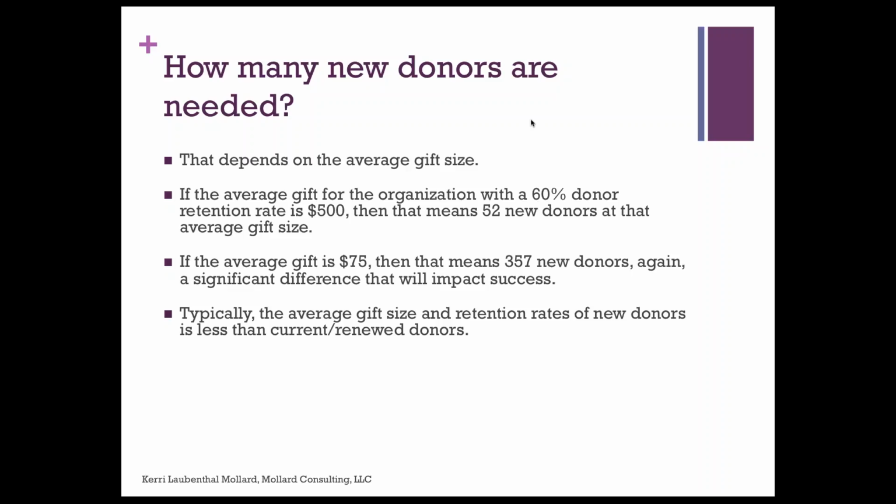So as you get more sophisticated in calculating your retention rates, you're going to want a separate retention rate for first-year donors than you have for donors who've given at least once before, so for renewing donors. Average gift, too.